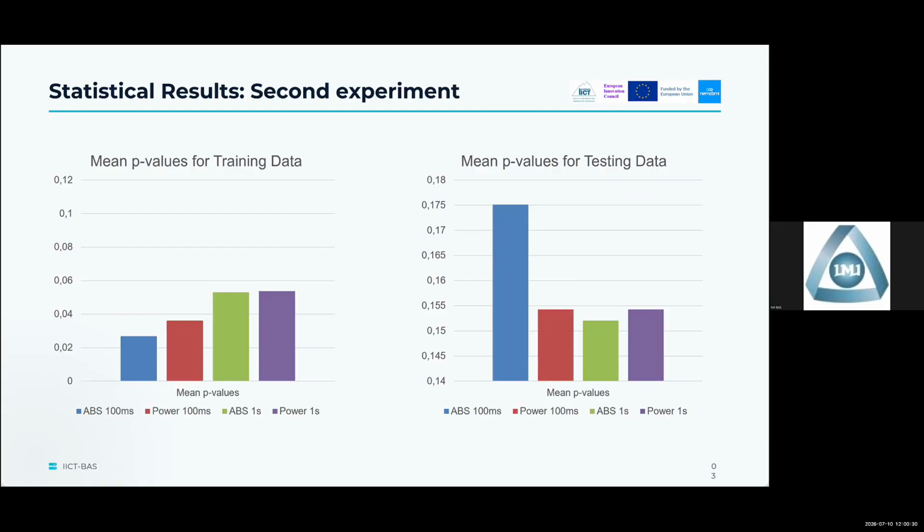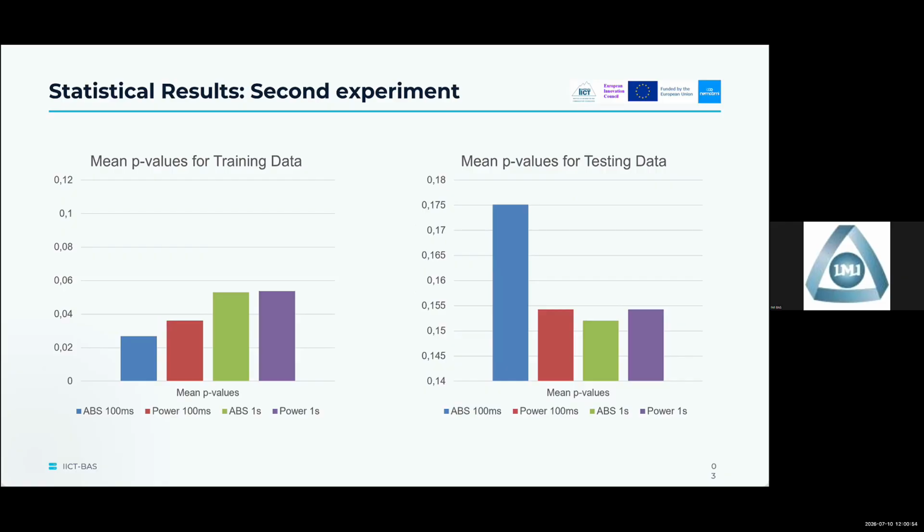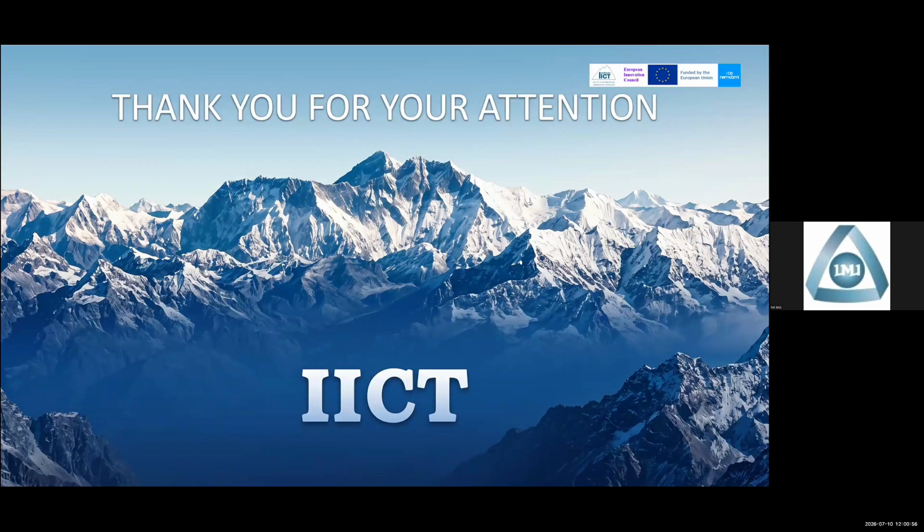Here again, the absolute values with 100 milliseconds statistically outperform the others. And it's important to mention that the common average reference filter shows better results than the first experiment without using the common average reference filter. That's all.